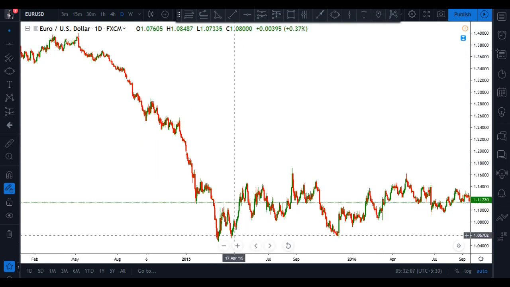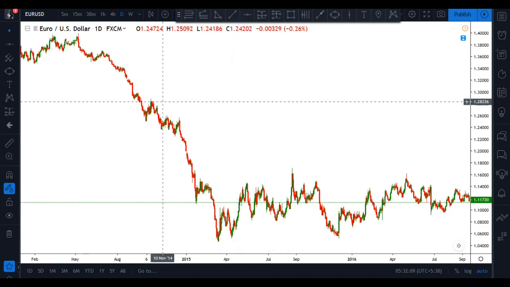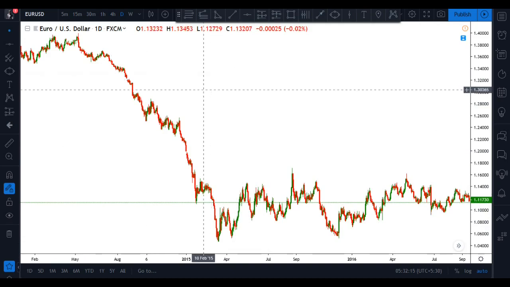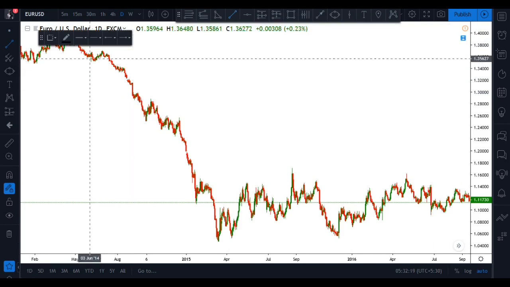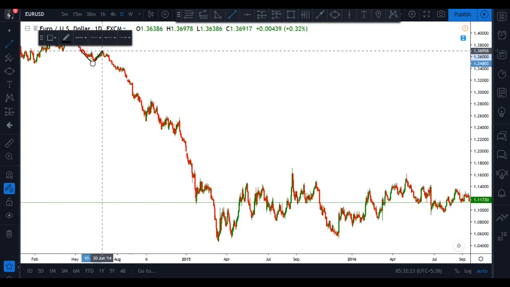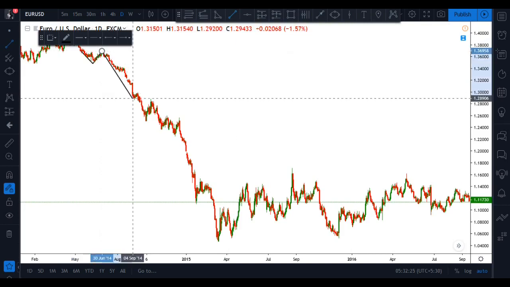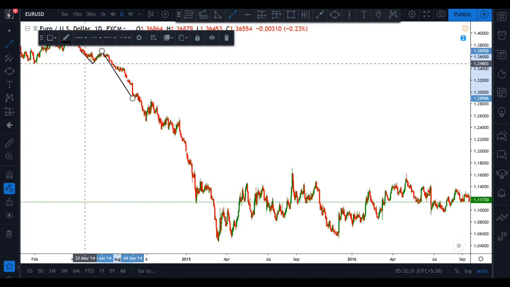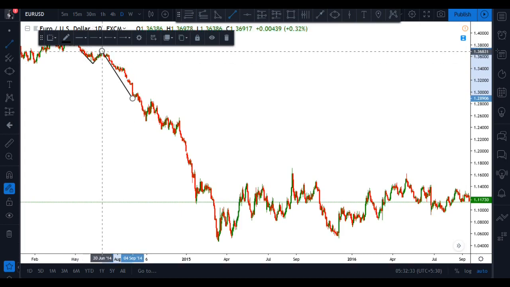So this chart shows a downtrend, because a downtrend is a formation of a series of lower lows and lower highs in the market. As you can see, first we made a lower low at this point, and we pushed up and created a lower high.